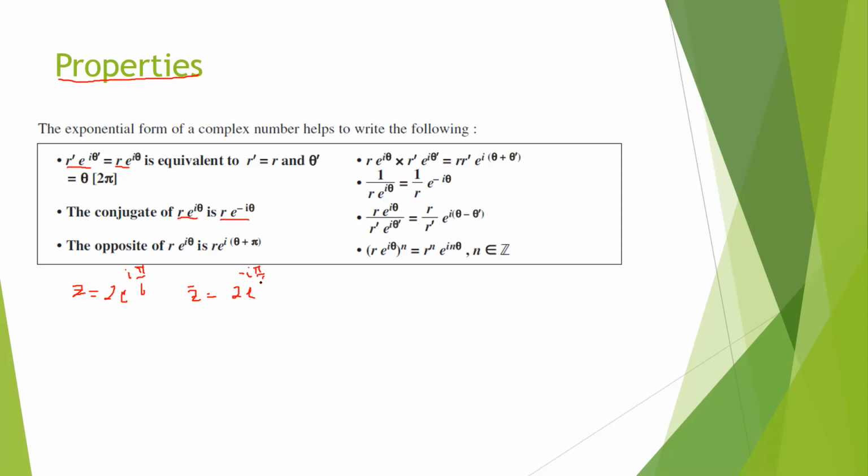For two complex numbers to be equal written in the exponential form, r should be equal to r prime and theta equal to theta prime.